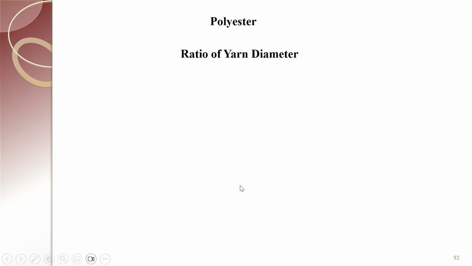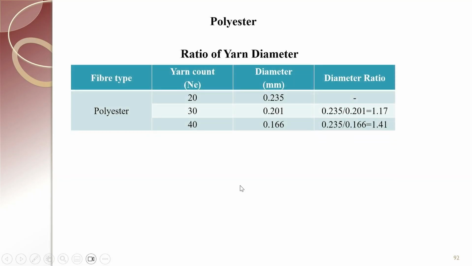Now, this table will give us an idea about the ratio of yarn diameters. So, for polyester, the yarn counts 20, 30, 40.